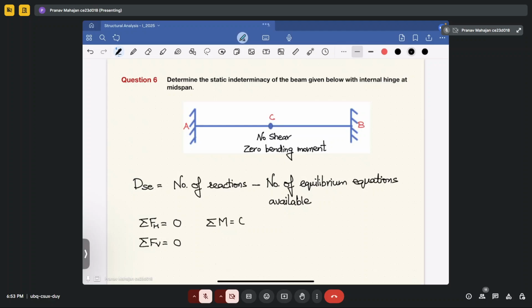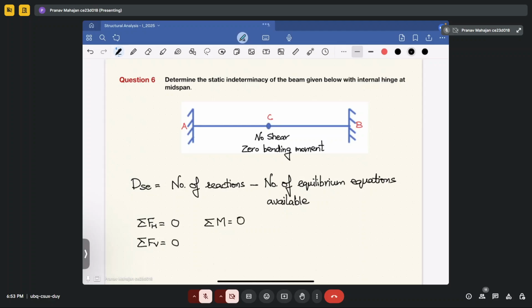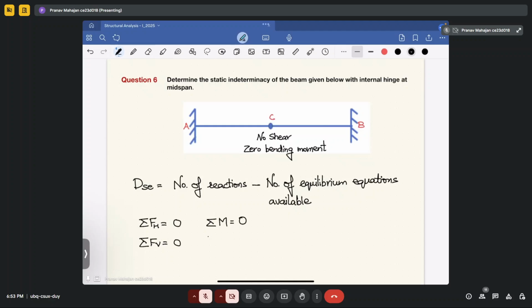So these are the three fundamental equations available with us. Okay. But in this case, we have one more equation, that is summation of moment about point C, or you can say internal hinge. I will write here internal hinge. This will also be equal to 0.